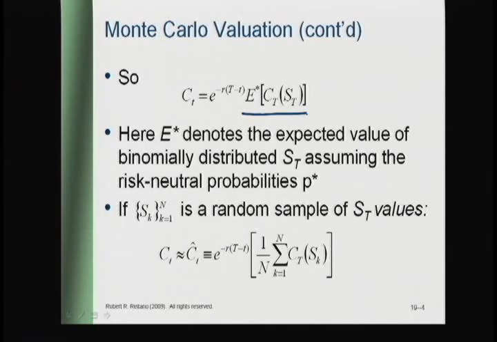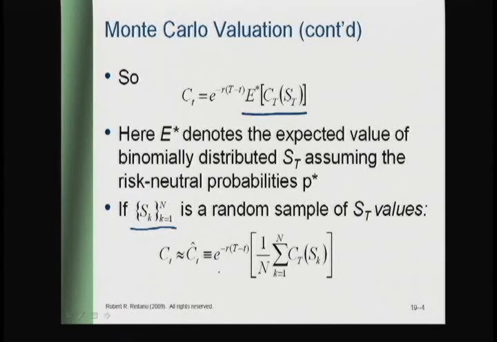So you might well guess, and this is the essence of Monte Carlo valuation, that if we could somehow generate a large random sample of stock prices at time T, and of course every one of those capital N stock prices will be one of the little n stock prices in our binomial model, then we could approximate the exact price from the lattice with this.